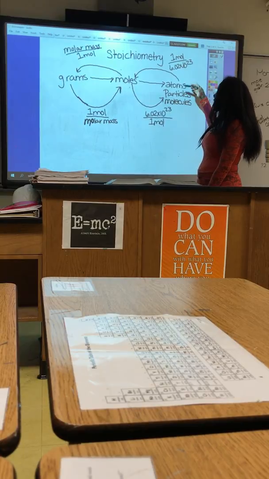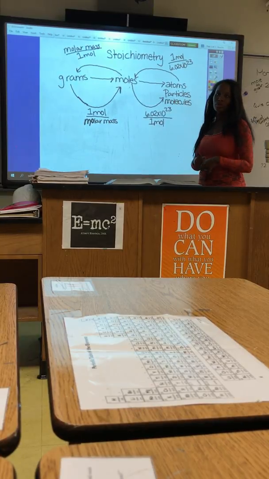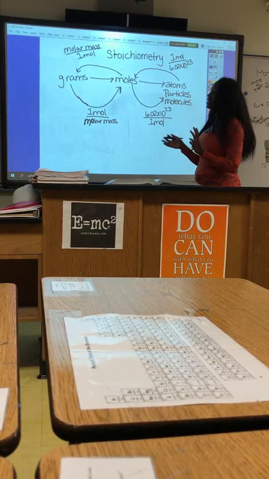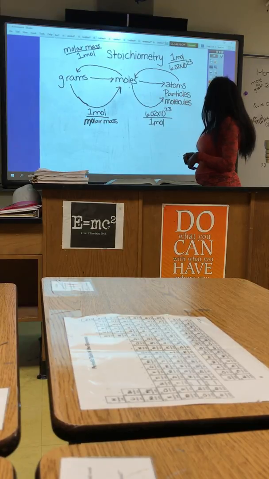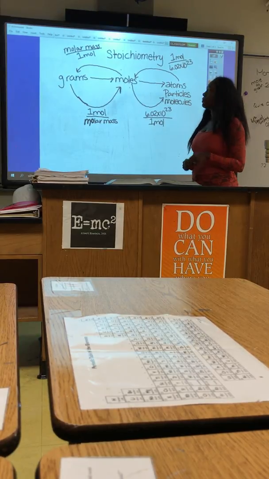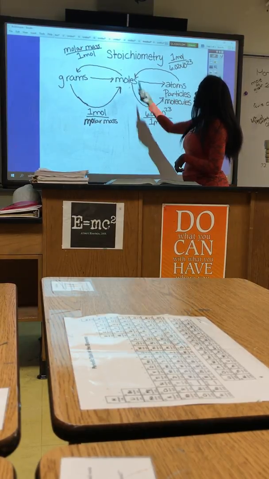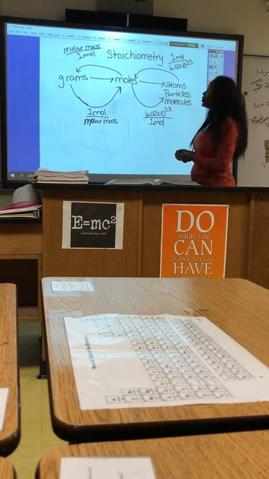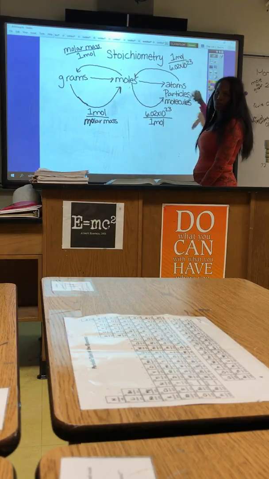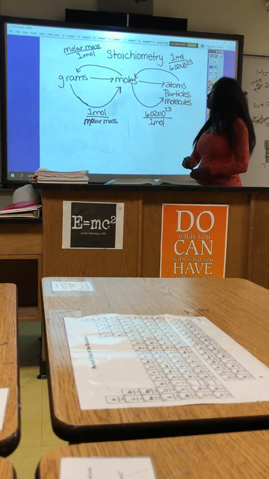I've also included atoms, particles, and molecules, okay? So if at any time I ask you to calculate or convert from moles to molecules, just know that we're using this here.